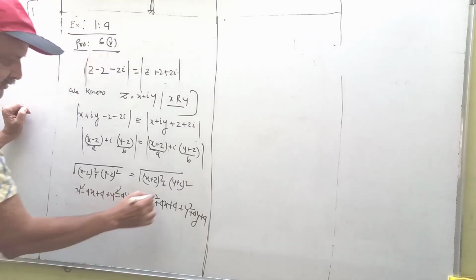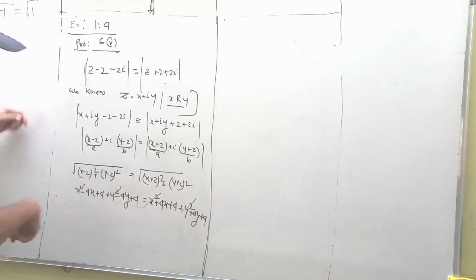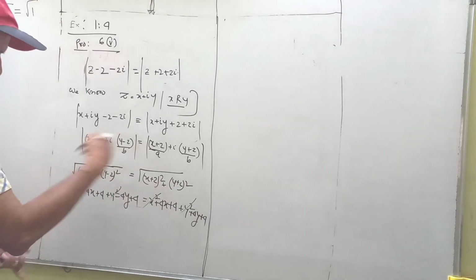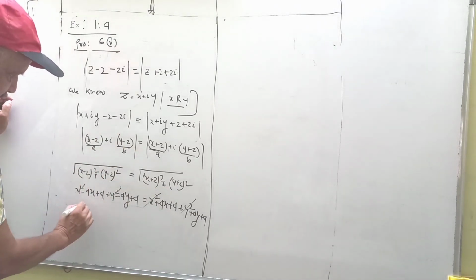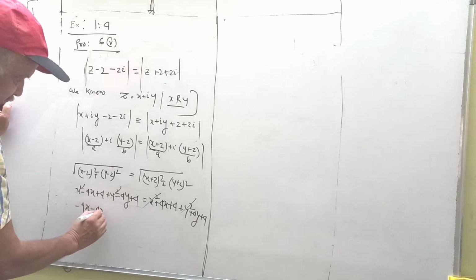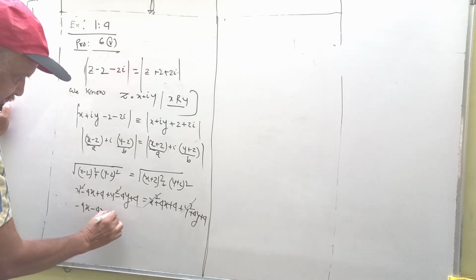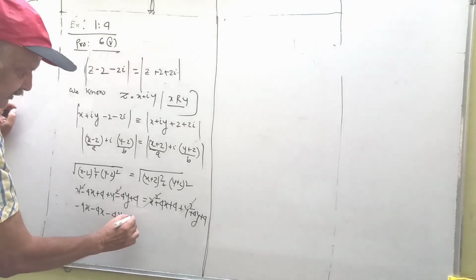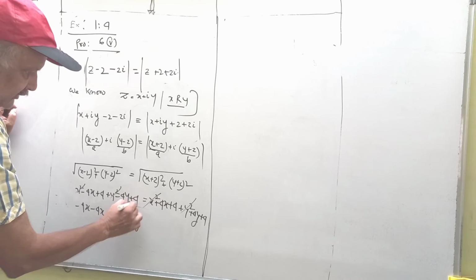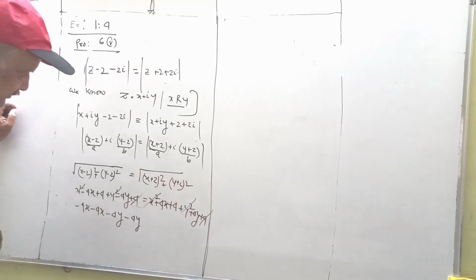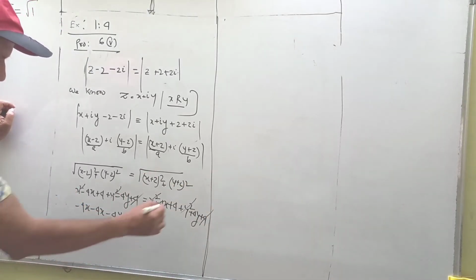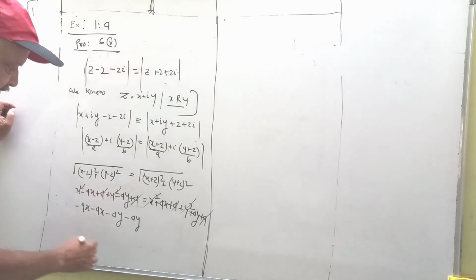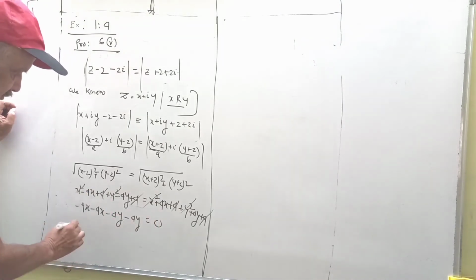x square, y square, x square, y square cancel. Bringing everything to the left hand side: minus 4x minus 4x, minus 4y minus 4y, and the 4 also cancels, these 4 cancel, will be equal to 0.